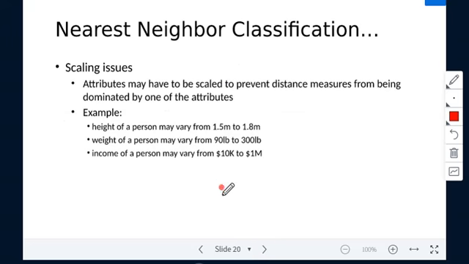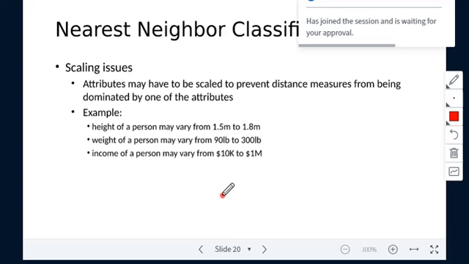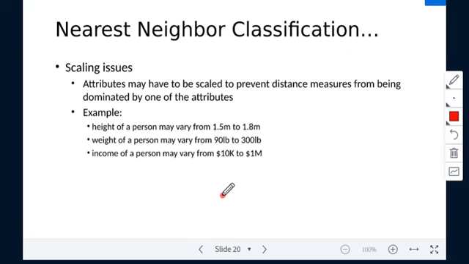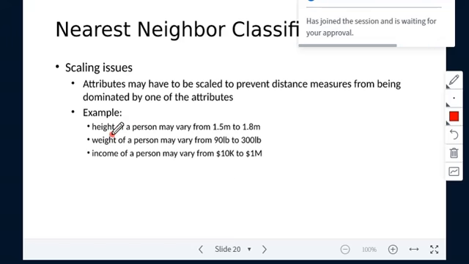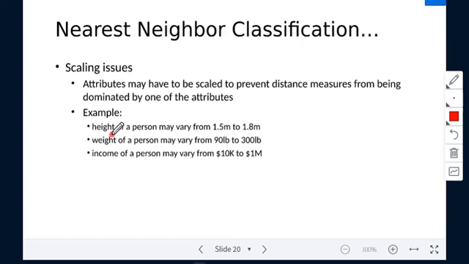Next we have scaling issues. The nearest neighbor classifier can produce wrong predictions unless the appropriate proximity measure and data preprocessing steps are taken. Proximity measure is nothing but closeness: distance, similarity and dissimilarity. For example, suppose we want to classify a group of people based on weight and height.